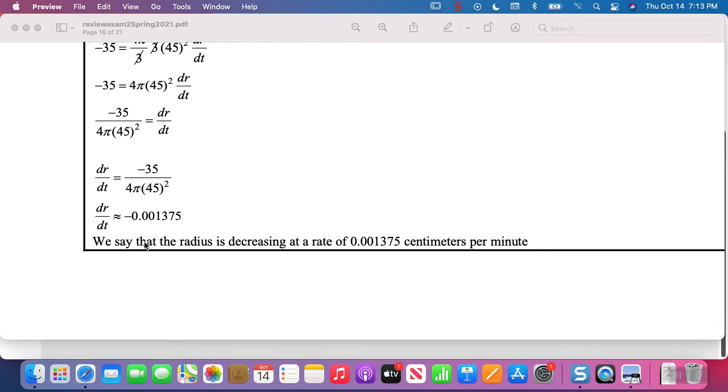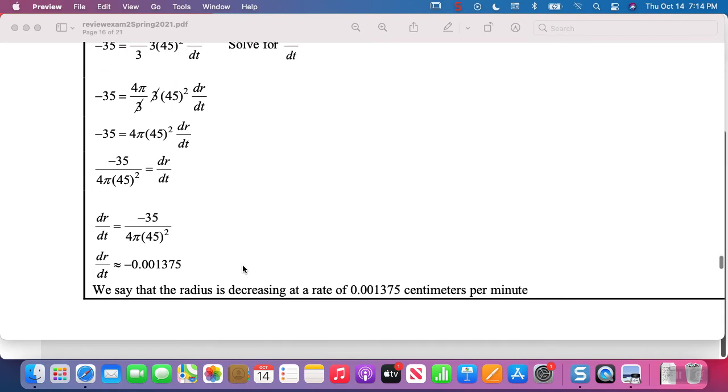So the radius is decreasing at a rate of 0.001375 centimeters every minute. Since decreasing already means negative, when you state it you don't put the negative sign.